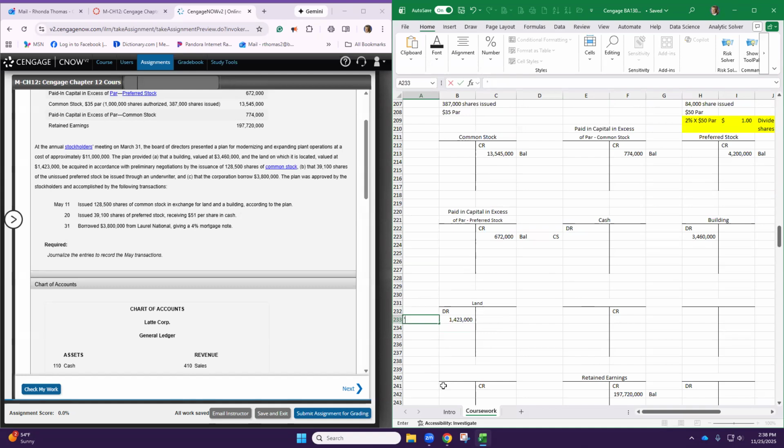This is the May 11th. There. That's the land. That's the building. And then we need an amount that goes in here. So what we're going to do is add up those two numbers of the land and the building.